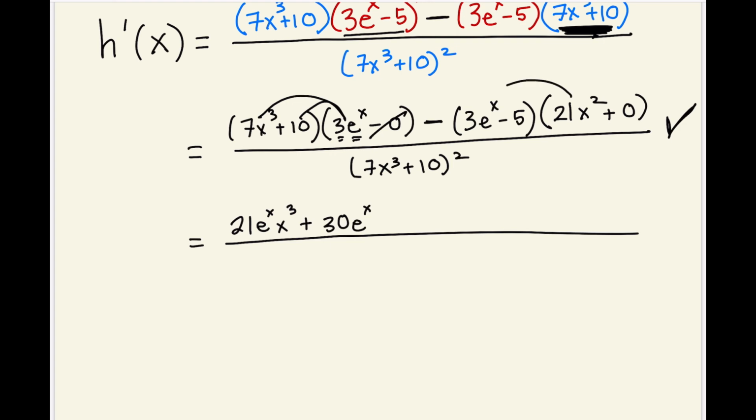Over here, I'm going to have minus 63 x squared e to the x, and then subtracting and subtracting gives me a positive here, as I'm distributing the negative, so 105 x squared, and the denominator is still the same. I don't think there's anything I can simplify here.